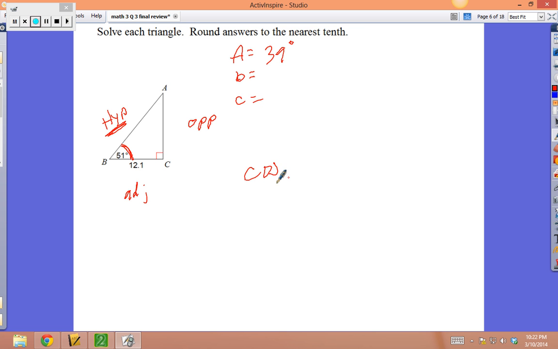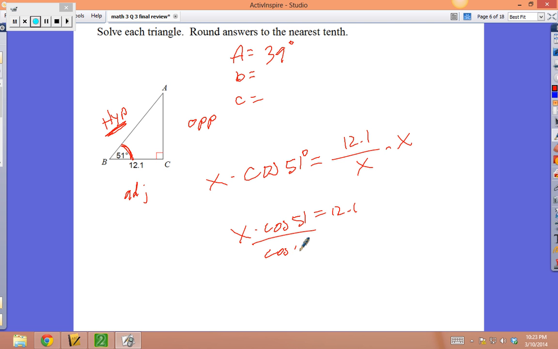So I'm going to use cosine of this angle, 51 degrees. Cosine equals adjacent over hypotenuse. I just barely did a problem like that, so I'm going to times real quick by x. I'm going to have x times the cosine of 51 degrees is equal to 12.1. Divide both sides by cosine of 51.